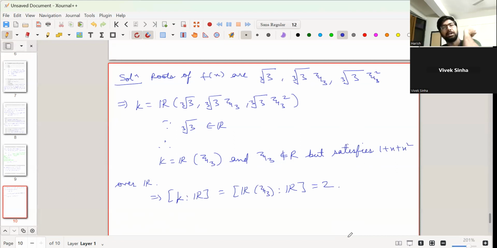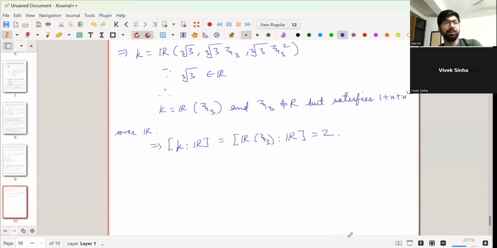So in Q we have this degree to be 6, but here we just have degree 2 because cube root of 3 is inside R.